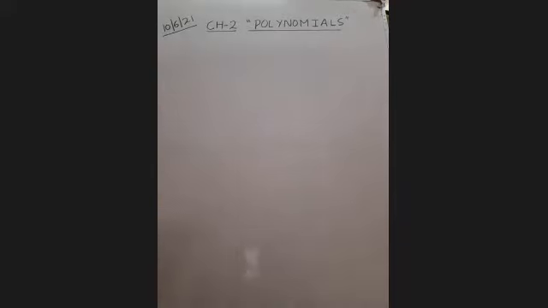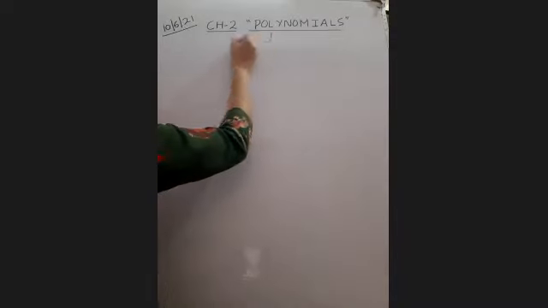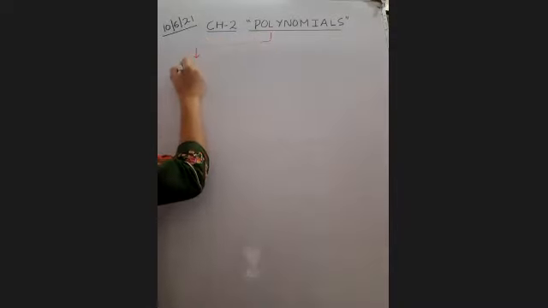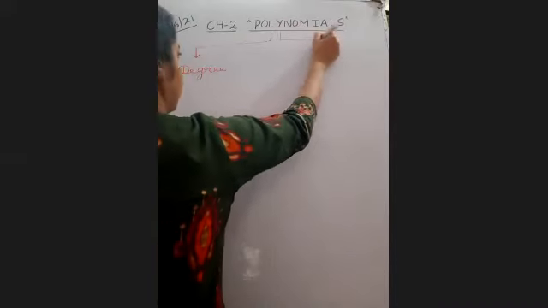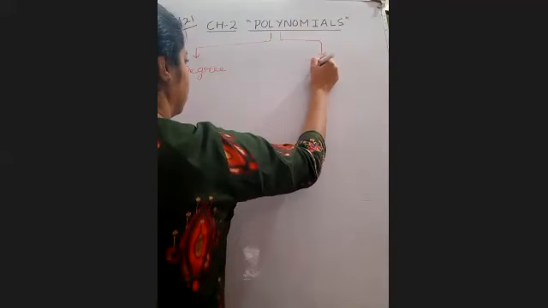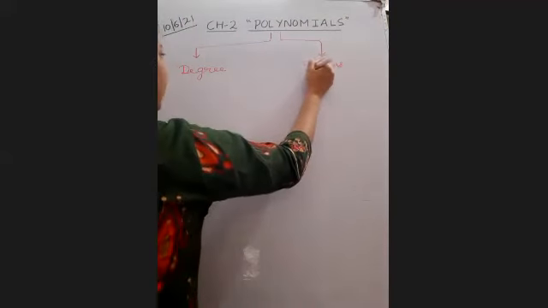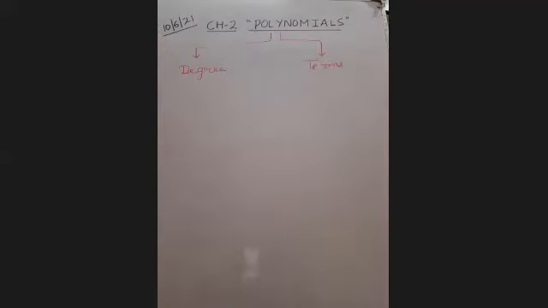First, on the basis of degree, and one on the basis of terms. You have done both of these in classes 7th and 8th. We're just going to revise it.